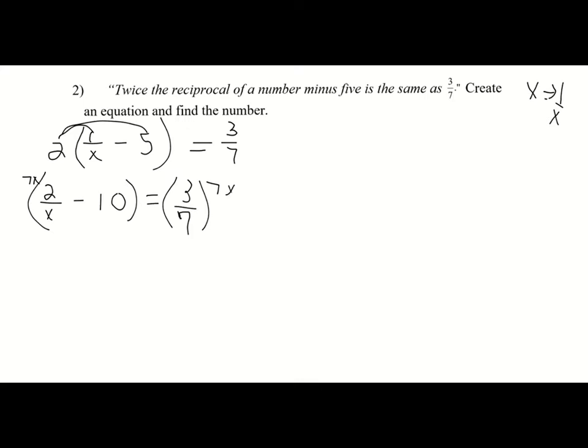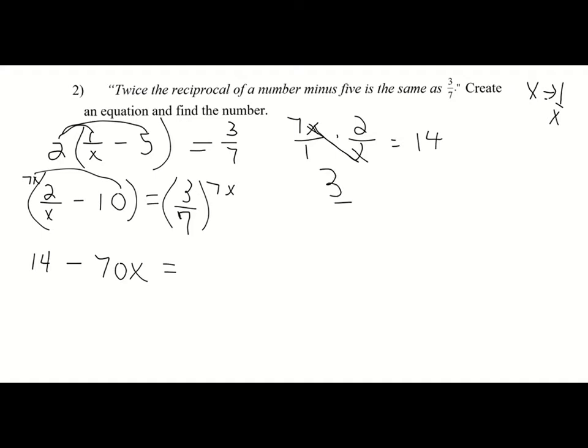If I have 7x over 1 times 2 over x, my x's cancel out, and 7 times 2 is 14. So that'll give me 14 minus 7x times 10 becomes 70x equals, and then we have 3/7 times 7x over 1. My 7's cancel, and it leaves me with 3x.